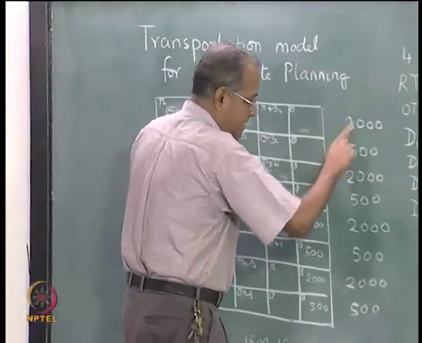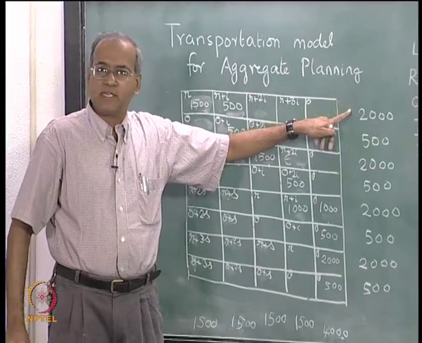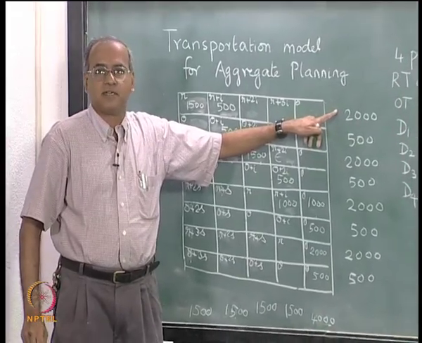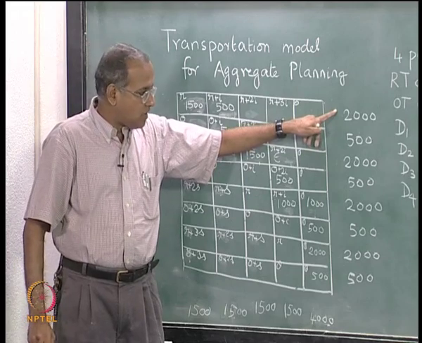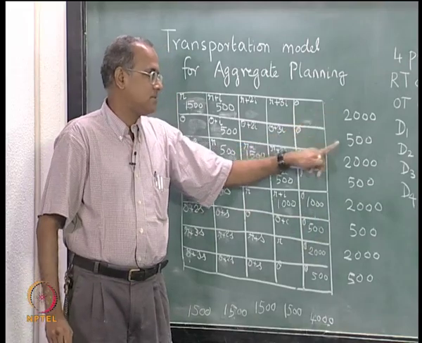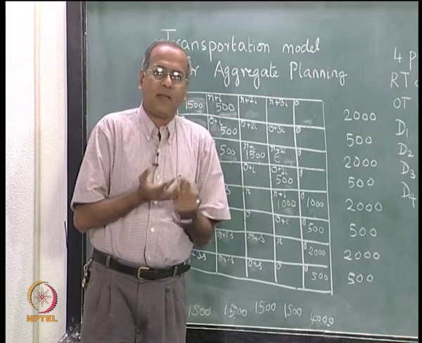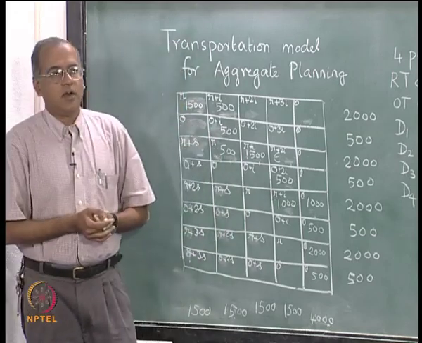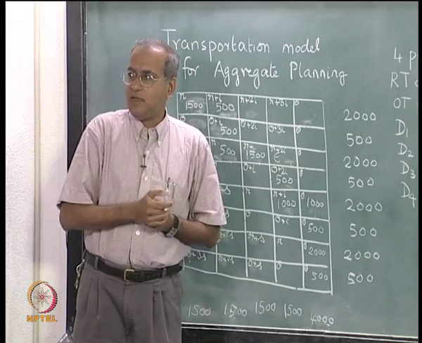If we look at these capacities, we have only 2 types of capacities, regular time capacity and overtime capacity. So the total capacity is 10,000: 2000 into 4 months plus 500 into 4 months. But when we did the linear programming formulation, we also assumed that it is possible to outsource and get.